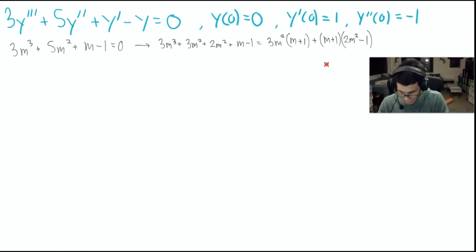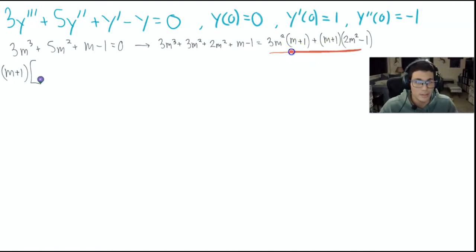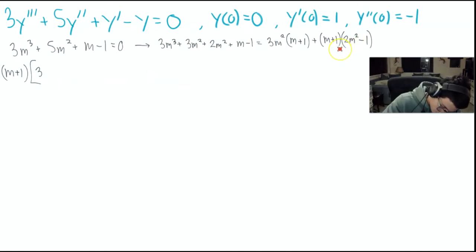Okay. Well, let's rewrite this again, because rewriting everything is very important. So if we factor out m + 1, because both this here and this here have m + 1 in common, we can factor it out real quick. Now we get (m + 1)(3m^2 + 2m - 1).